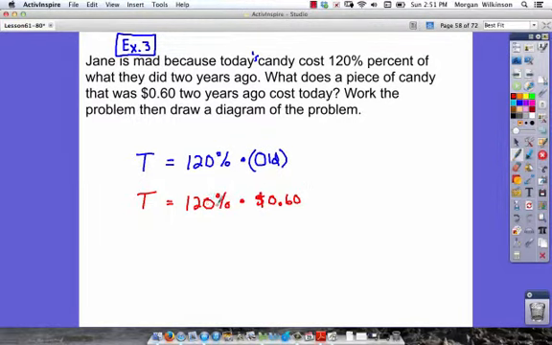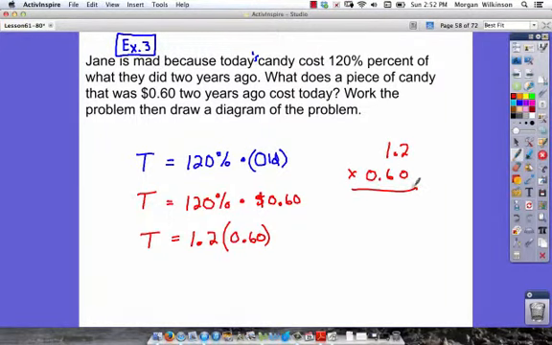Now 120% could be written as 120 over 100, but since we have a decimal here, we could also write 120% as 1.2. So we could say 1.2 times 0.60 is going to get us our answer of what today's price will be. Let's work that out. 1.2 times 0.60.